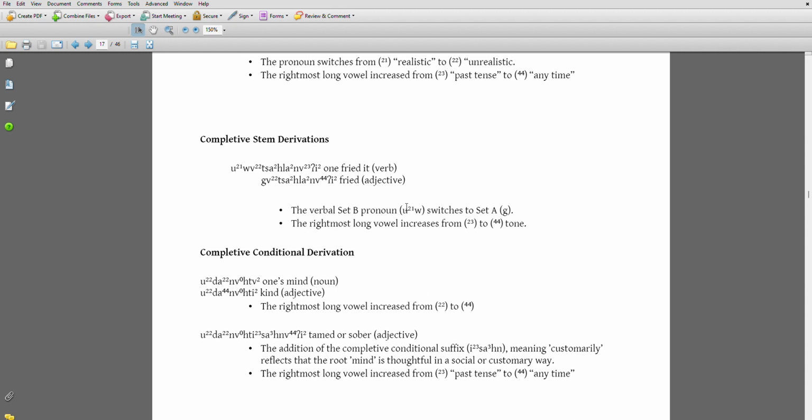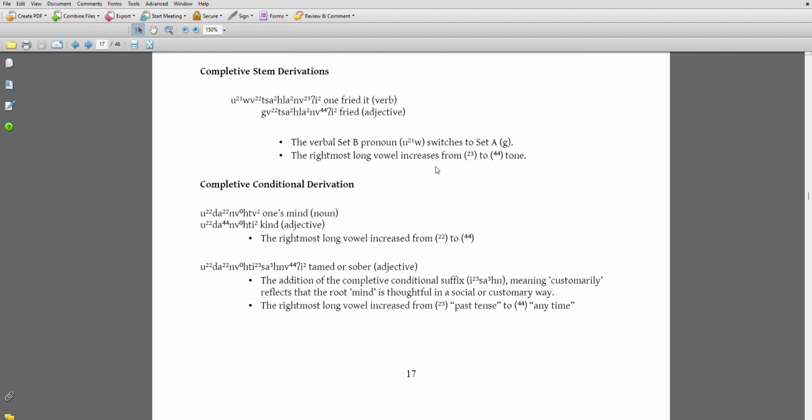Okay? Completive conditional derivation. Udant, one's mind. That's a noun. We can now increase the rightmost long vowel's tone and say udanti, and convert it to an adjective meaning kind. The rightmost long vowel increased from 2-2 to 4-4.